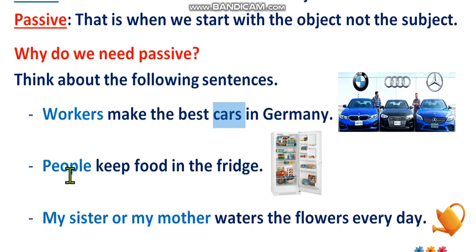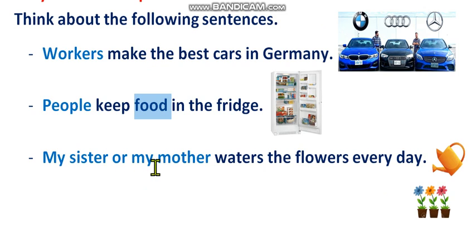Also, the sentence, people keep food in the fridge. Well, that's normal. I would like to start with food. We know that all people do that. My sister or my mother waters the flowers every day. Okay, so the most important thing is that the flowers get water every day.